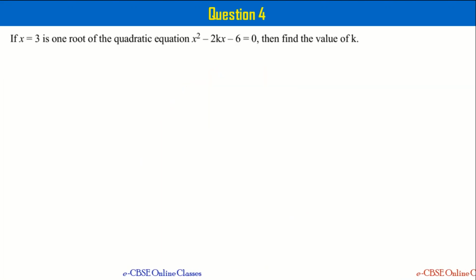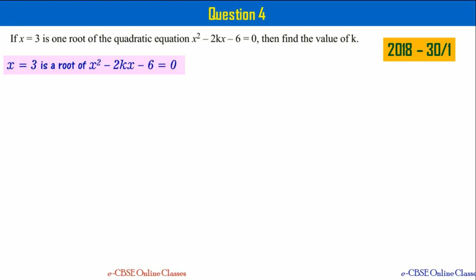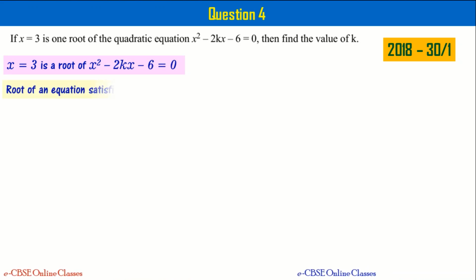If x equal to 3 is one root of the quadratic equation x square minus 2kx minus 6 equal to 0, then find the value of k is the question. It is from 2018, set number 1. X equal to 3 is the root of given equation. We know that a root of an equation satisfies the equation.